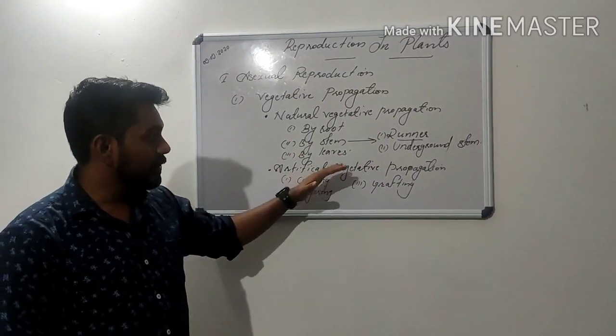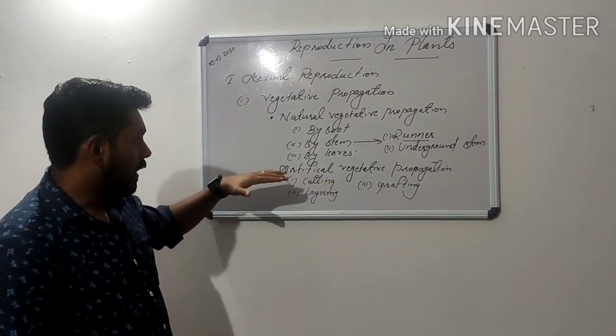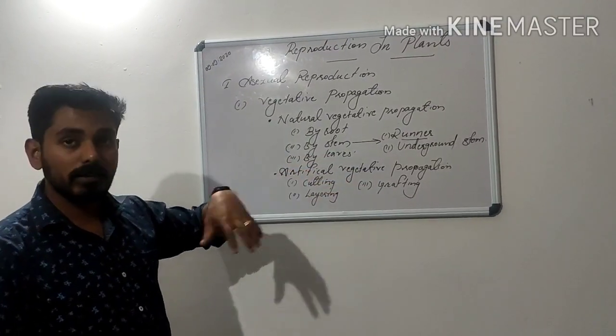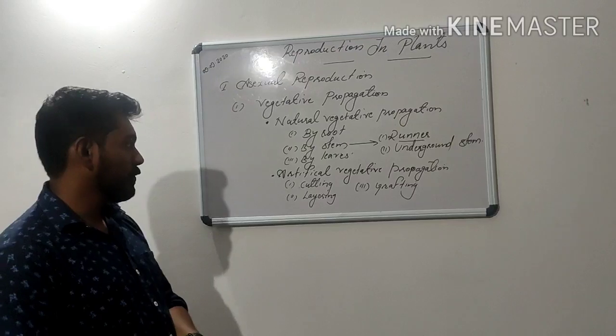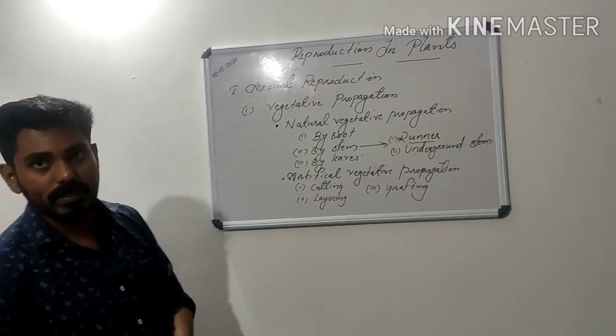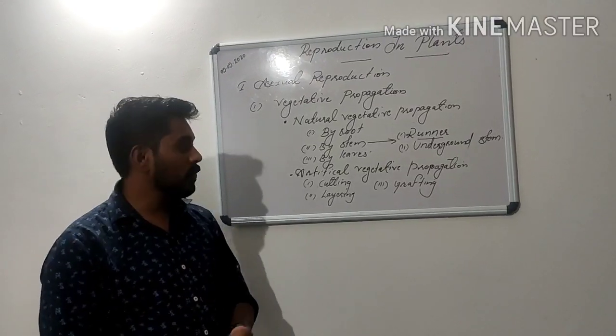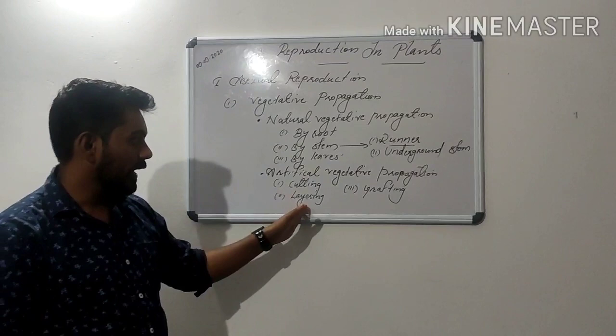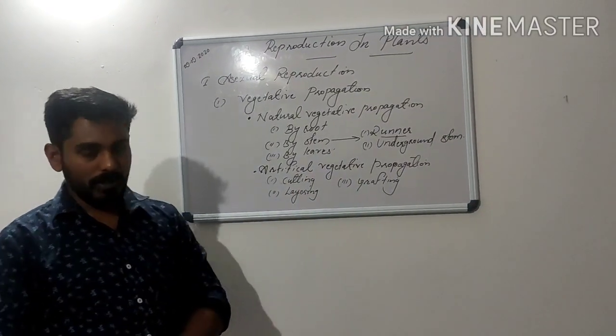It is a specific method to produce new individuals by our own desire. That means we can produce new individuals. It is done by human beings. Examples: cutting, layering, and grafting.